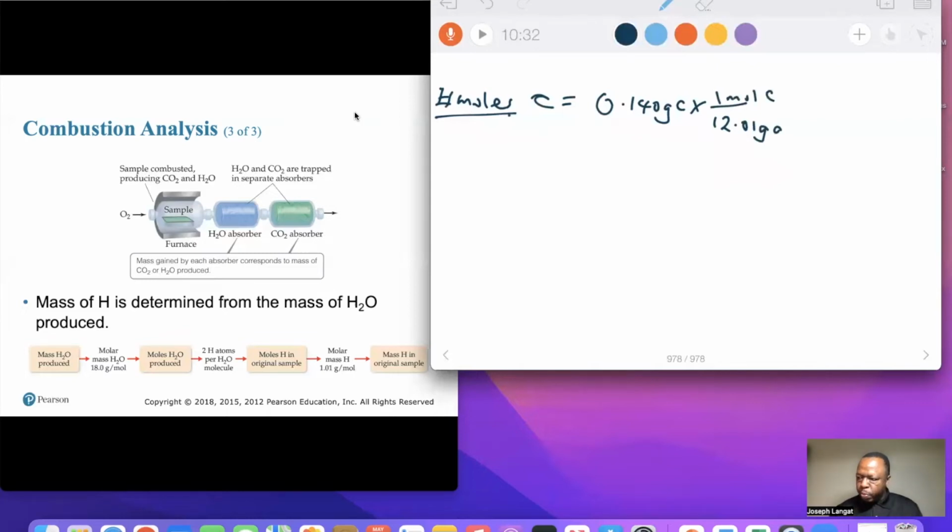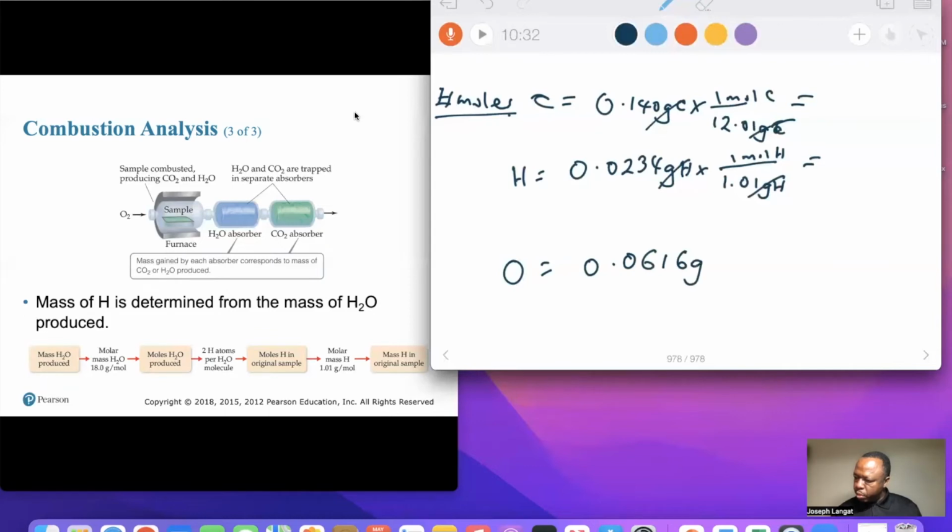Then I do the same thing for hydrogen, 0.0234 grams of hydrogen times 1 mole of hydrogen over the atomic mass of hydrogen in grams. So that and that cancel, and this is carbon here.